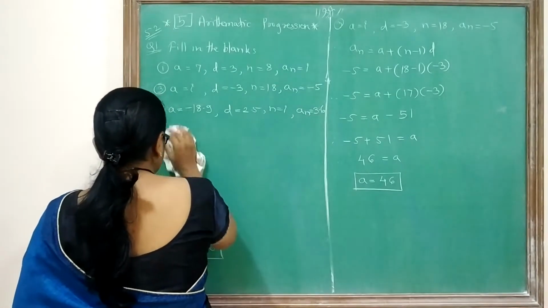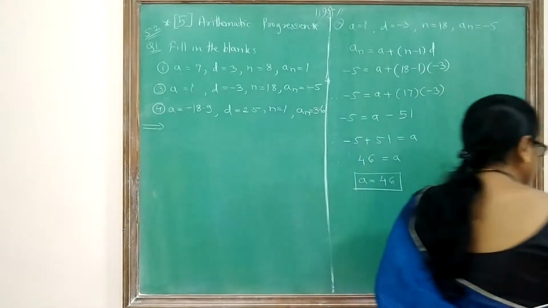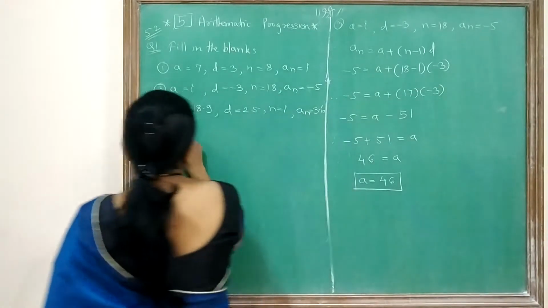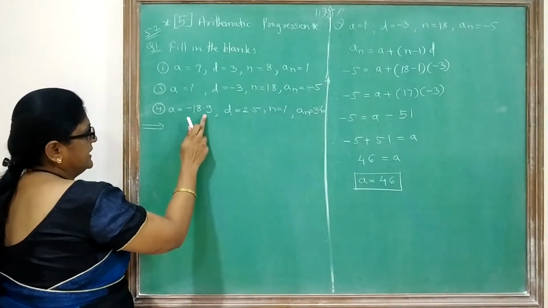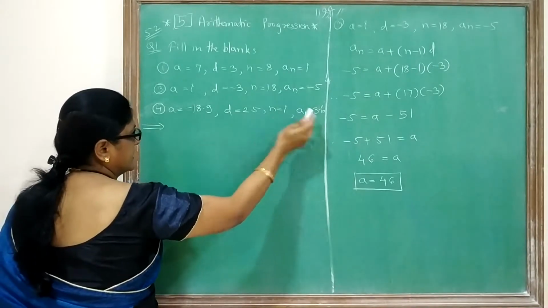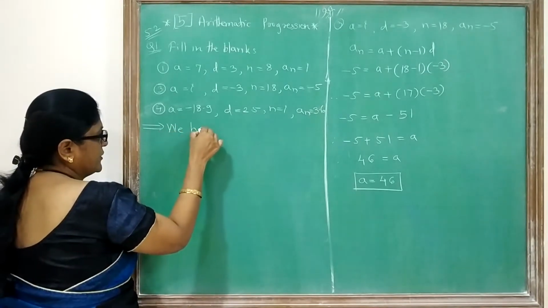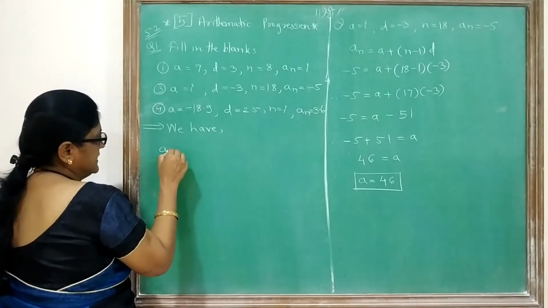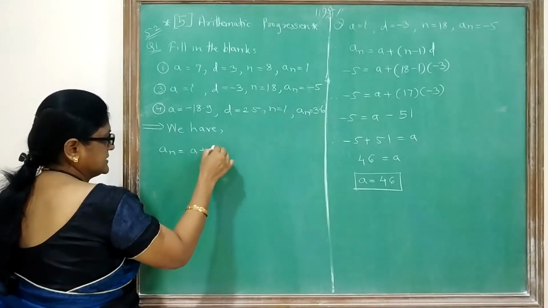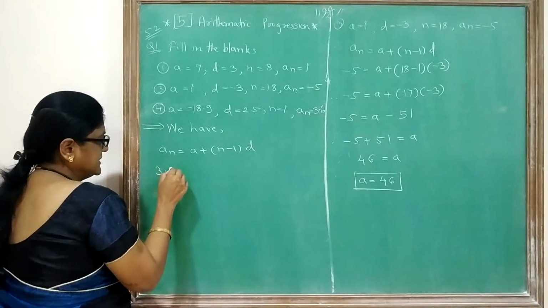Then your fourth example is present here. Here a is minus 18.9, d is 2.5, n equal to question mark, and an equal to 3.6. Then first you will write your formula, that is an equal to a plus n minus 1 into d. What is an? An is 3.6.